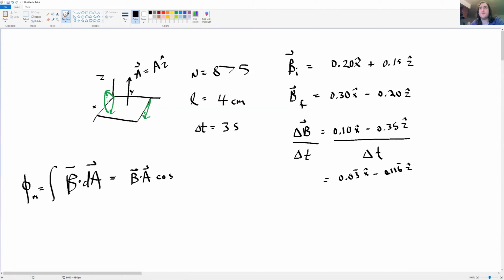If we leave it as a dot product, we don't have to worry about the angle, because the dot product gives us the angle. If we know the vector B and the vector A, we just do their dot product. That's the answer. The area is not changing here, just the magnetic field. So when we take the derivative, it's just the derivative on B.